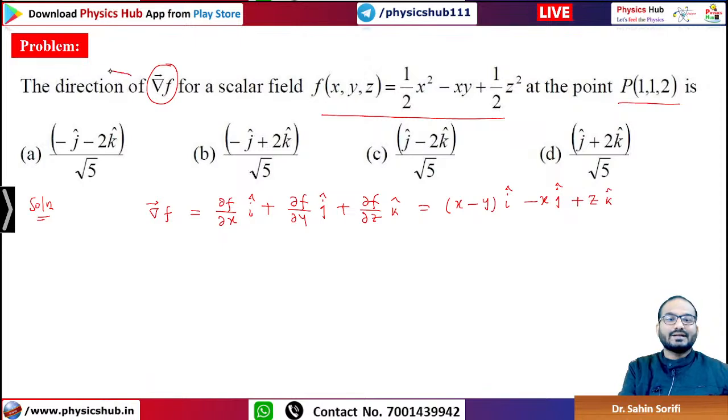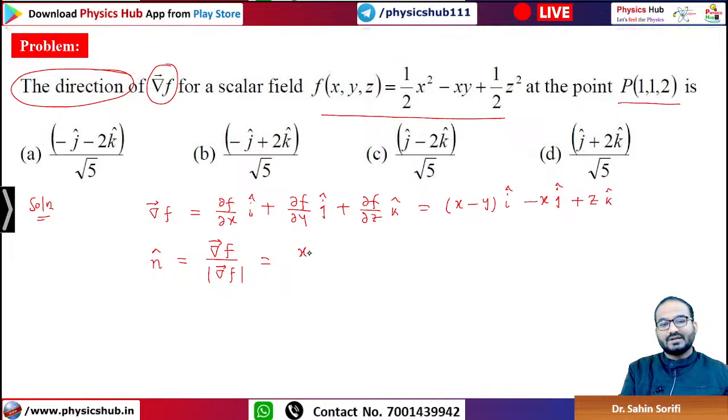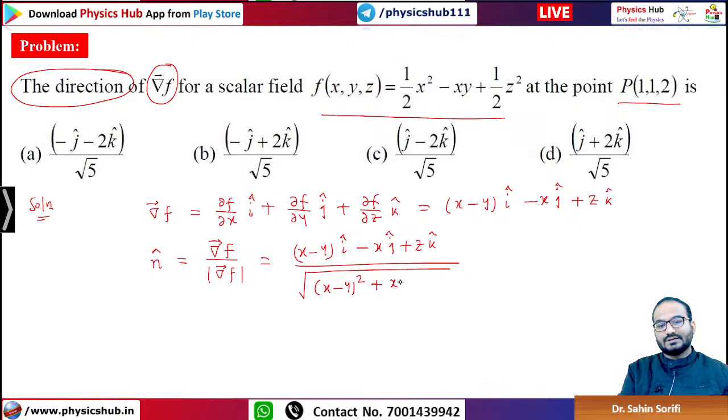So you want to find out the direction of grad f, means you have to find out n cap. So what is the value of n cap? That is nothing but grad f divided by modulus of grad f. So this is equals to nothing but (x minus y) i cap minus x j cap plus z k cap divided by, if you want to take the modulus, I told you, you have to take square of the components and you have to just add them. So (x minus y) whole square plus x square plus z square.